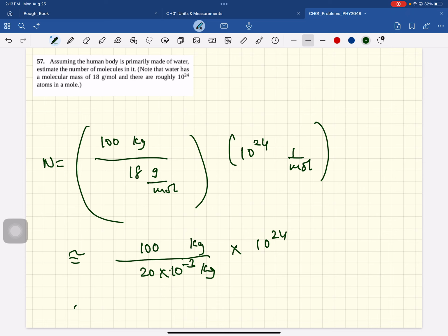So this roughly works out to 5 times 10 to the 27 water molecules in your body. A 1,000 trillion water molecules in your body. Okay.